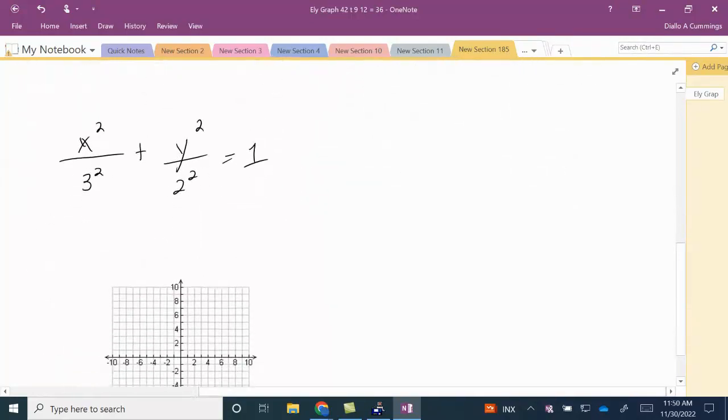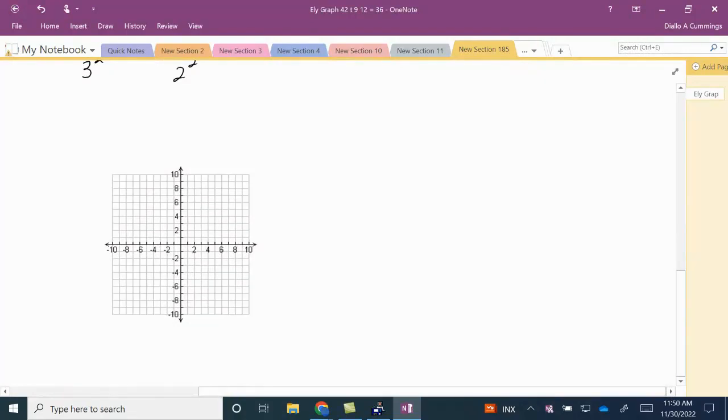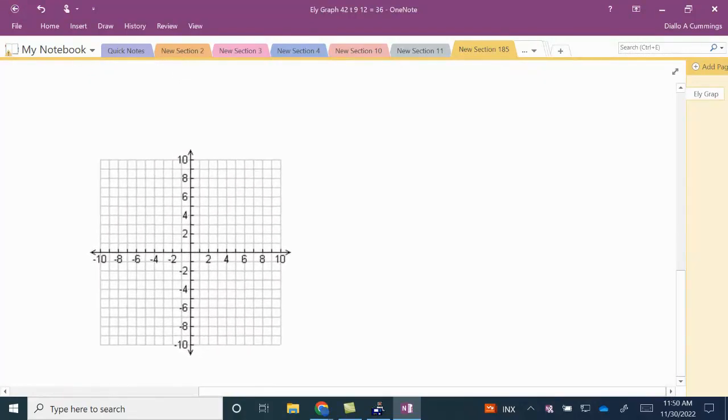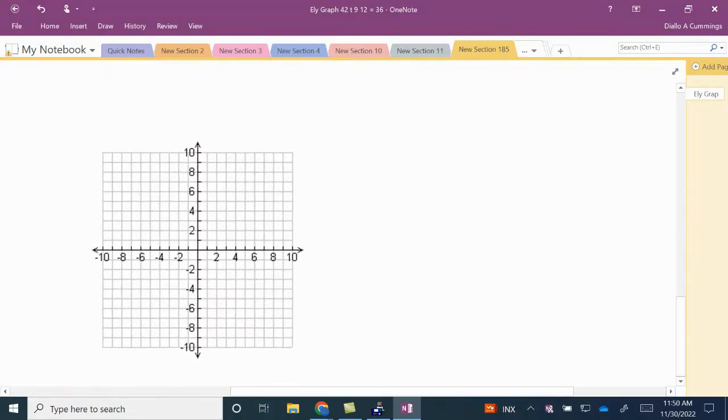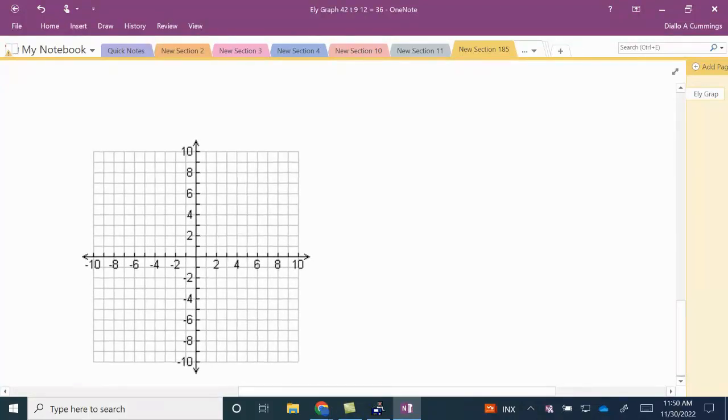Right, so we're going to sketch these things out. Our vertices are at plus or minus 3 comma 0, so we have a point here and a point here.